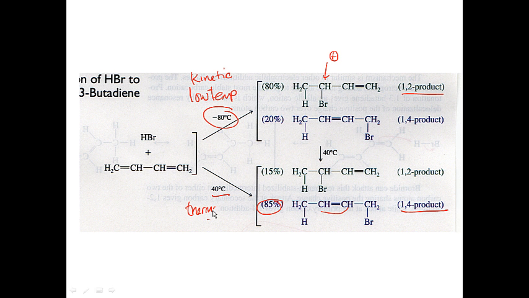Under thermodynamic conditions, which you may say is 40 degrees, well, compared to minus 80 degrees, it certainly is hot, you get the thermodynamic product for this reaction. So by changing the reaction temperature in this case, I can completely change the major product of the reaction. I can go from 80-20 to 15-85 just by simply changing the temperature.